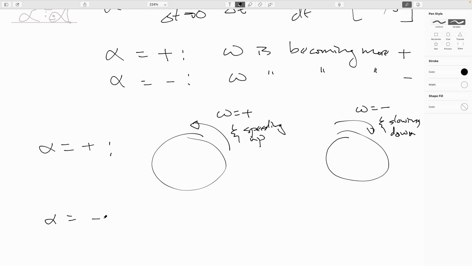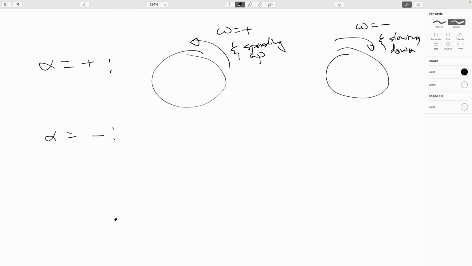If the angular acceleration is negative, then our possibilities are that we could be rotating clockwise, which would give me an angular velocity that's negative, and if we're speeding up, we're just heading to ever bigger negative numbers.